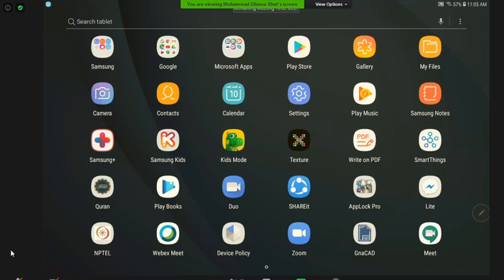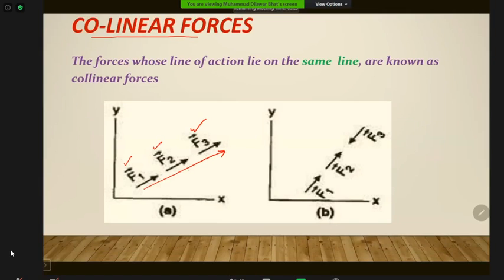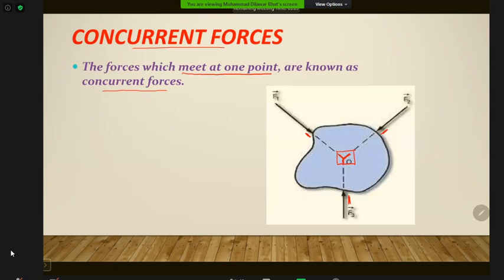Now we were talking about collinear forces. Collinear is that whose line of action lies on the same line. Initially, we talked about coplanar.